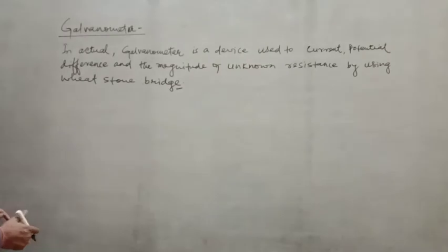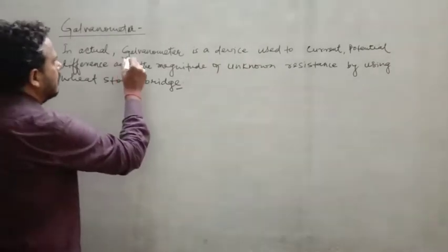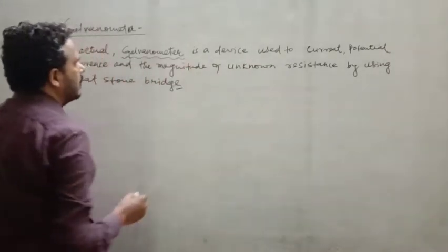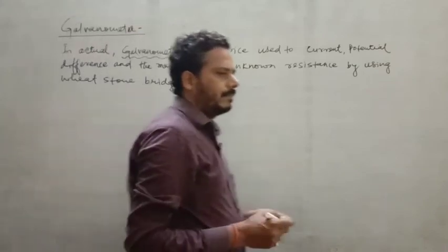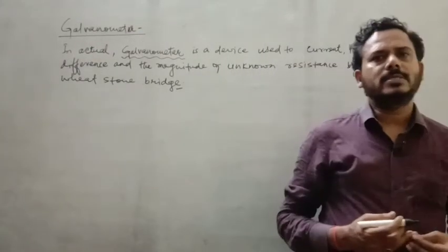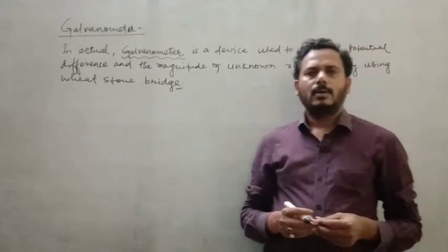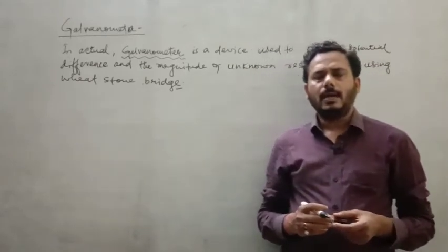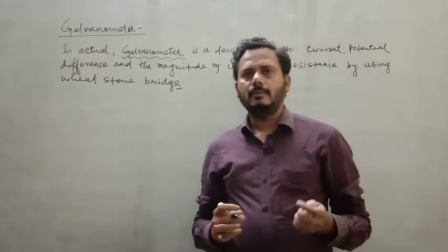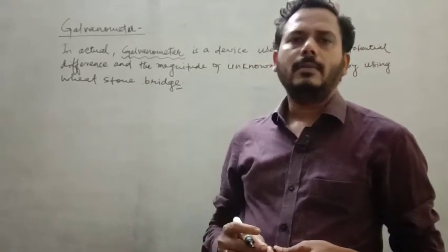First of all, we will discuss this galvanometer. It consists of a coil with a magnet, which is connected with a needle.